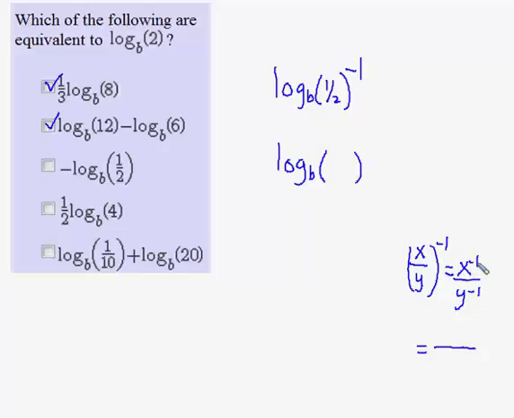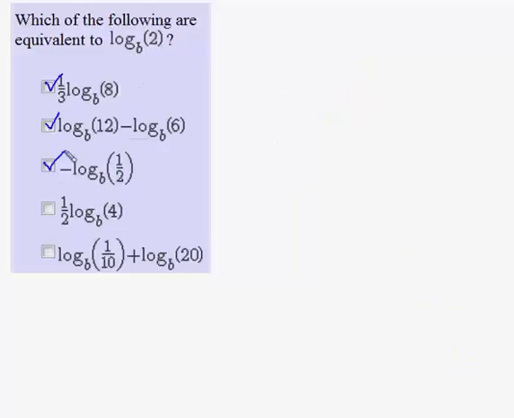This x to the -1 can be written in the denominator as x to the +1. The y to the -1 in the denominator can be brought up in the numerator as y to the +1. And notice, comparing what I started with to what I ended with, basically it reciprocated the fraction. So 1 divided by 2 can be reciprocated as 2 divided by 1. Again, I get log base b of 2. So the third one is also equivalent to log base b of 2. So I will check that one as well.